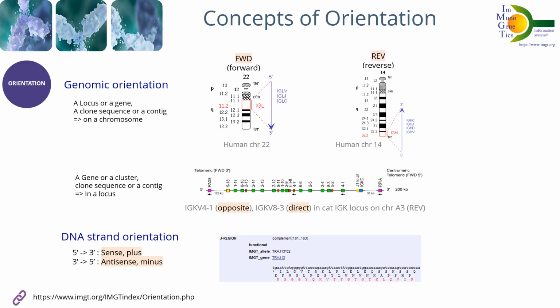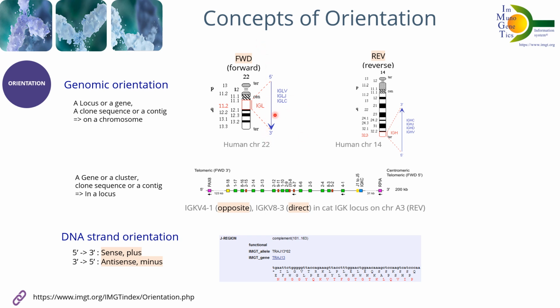The concepts of orientation at the genomic level specify the orientation of an entity on a chromosome and in a locus. The orientation of a chromosome is defined as forward from the short arm to the long arm.